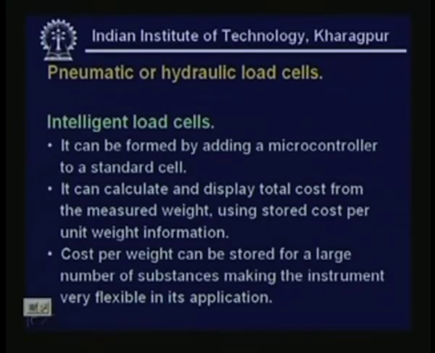You can make a machine where the cost per kg of different materials is stored, especially in grocery stores abroad, so that you can choose the particular cost, calculate and get the total value of the material you have bought. So, this is all about intelligent load cells, and they are extensively used.